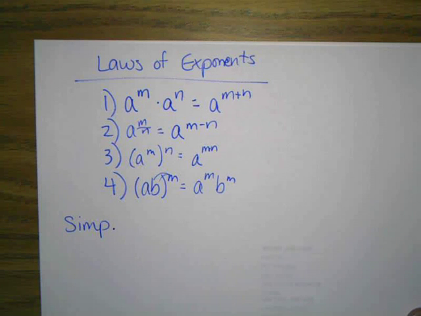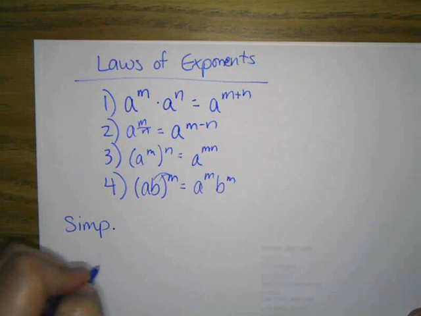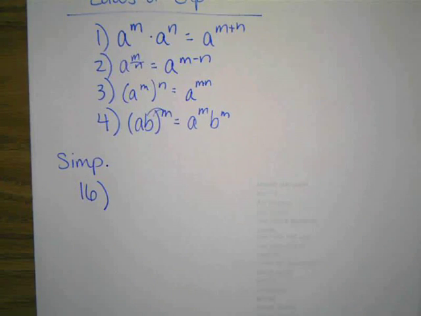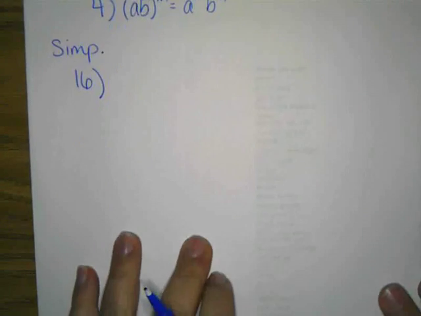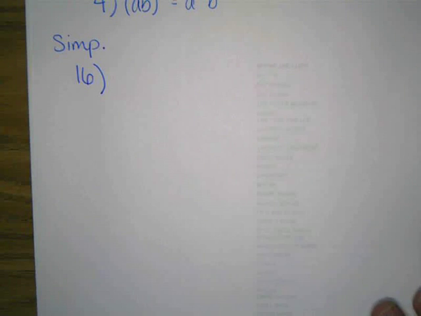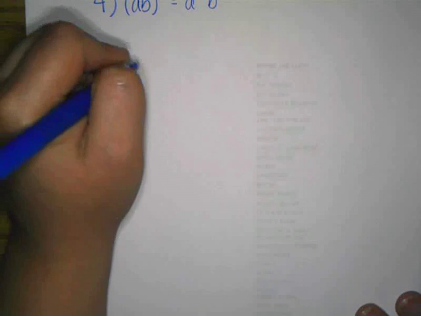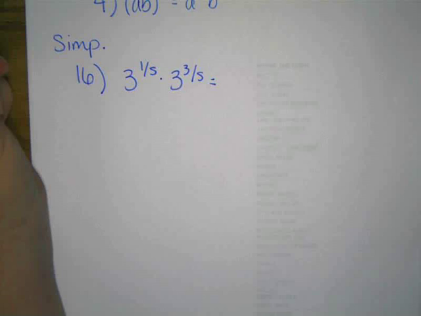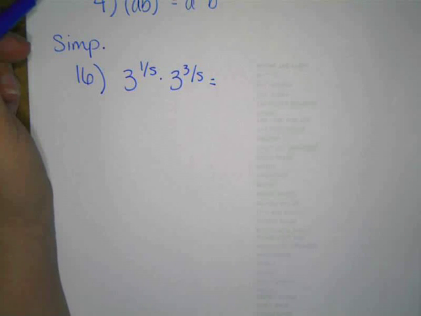What number am I on? 15, I believe. Well, my notes say 16. So I don't make myself crazy, I'm going to skip right to 16. I probably miscounted somewhere. 3 to the 1/5 times 3 to the 3/5. Which rule is this? 1, 2, 3, or 4?